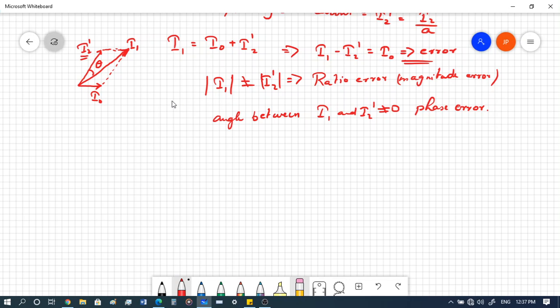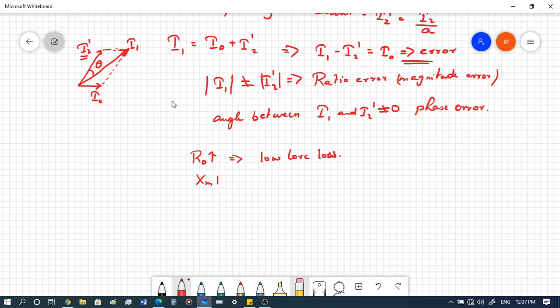If we increase R0, the current through the resistance will decrease, and therefore you will have a very low core loss, and the error will also decrease, because since the current decreases in R0, there will be a very small amount of current that passes through R0, therefore the error also decreases.